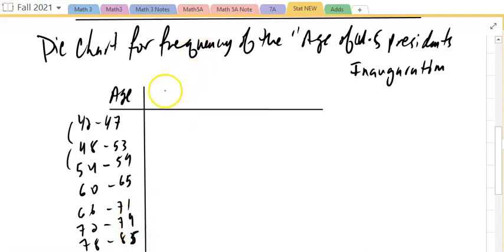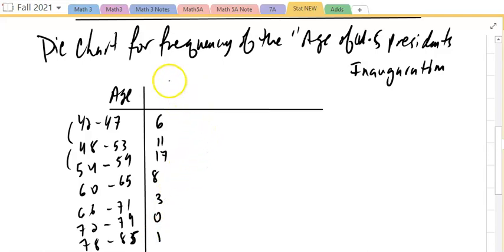And the frequency, right? We had 6, we had 11, we had 17, we had 46. 46 was the total. 17, we had 8, we had 3, we had 0, and we had 1.